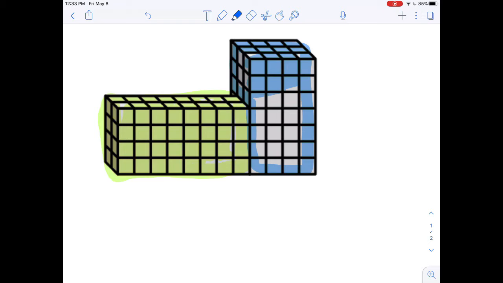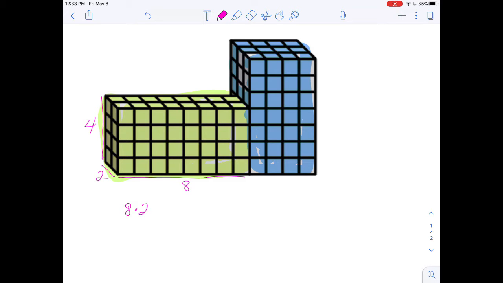So since I can't break it apart, I'm coloring it with two different colors. So when I'm calculating the volume of the green section, I want to find the length and the width. So the length is 8 units, the width is 2 units, and the height is 4 units.